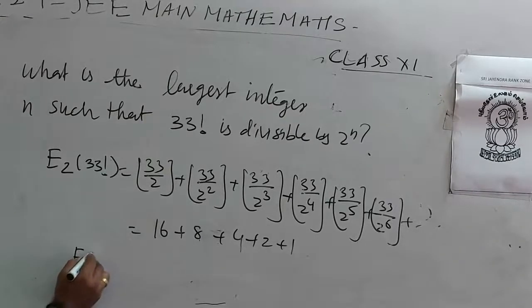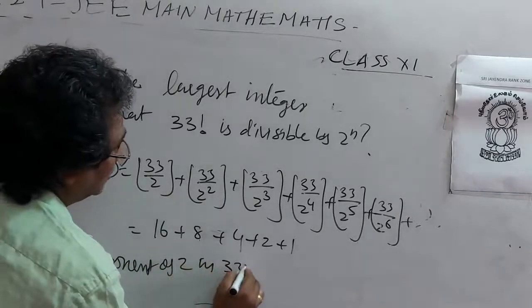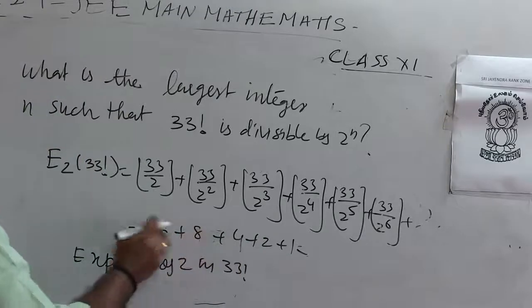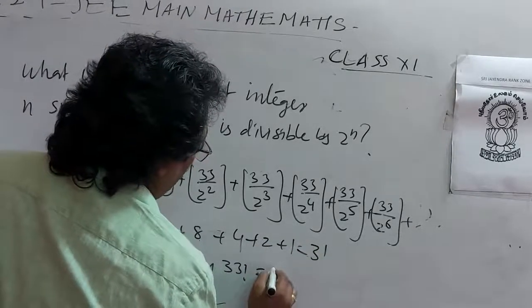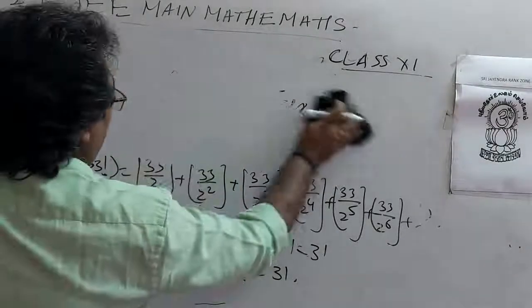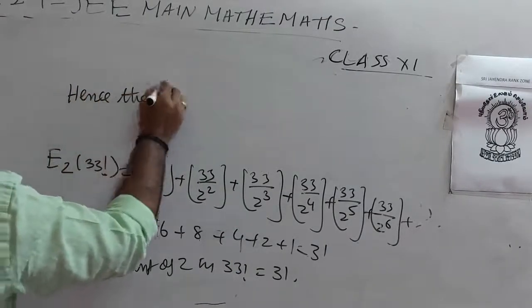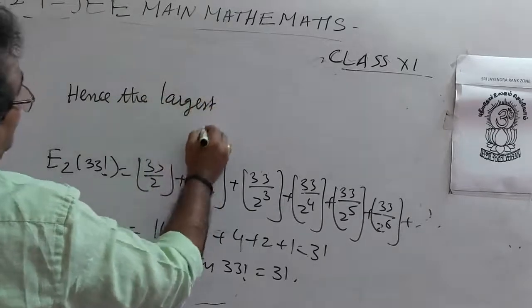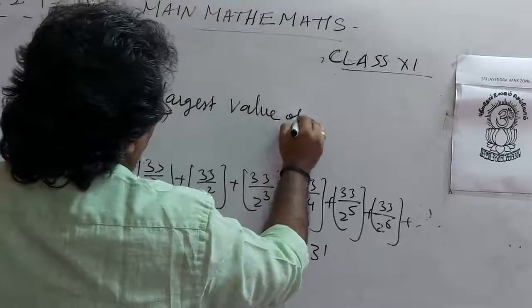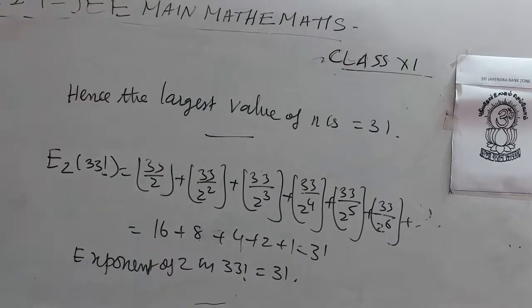So the exponent of 2 in 33 factorial equals 31. Hence, the largest value of n is 31.